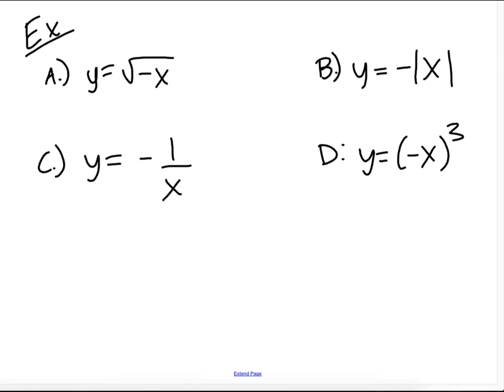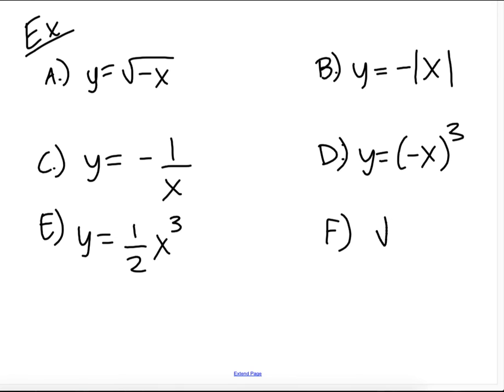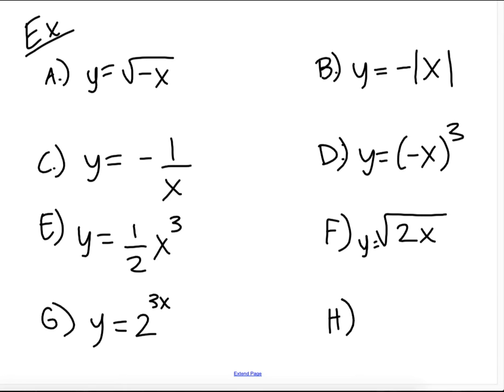E: y equals 1/2 x cubed. F: y equals the square root of 2x. G: y equals 2 to the 3x. H: y equals the absolute value of x divided by 4.